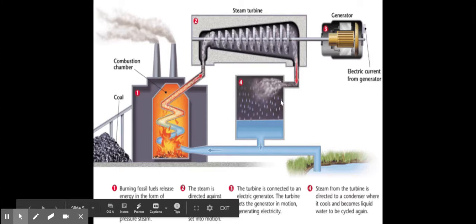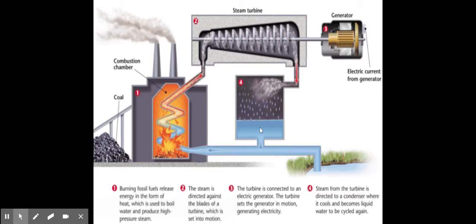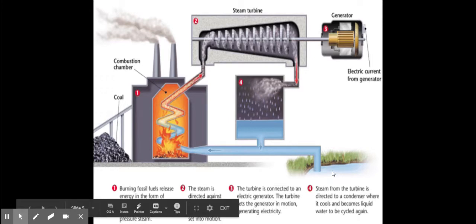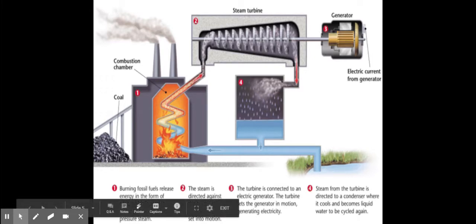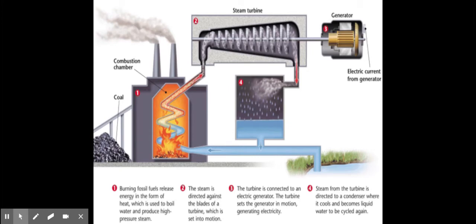Then steam from the turbine is directed to a condenser where it cools and becomes liquid again, and it can be recycled. Some places will constantly recycle it, and it'll go back through. And some places will release that water into the environment. It has thermal pollution because it's hotter than the environment, and it can cause some fish to die and cause algal growth.